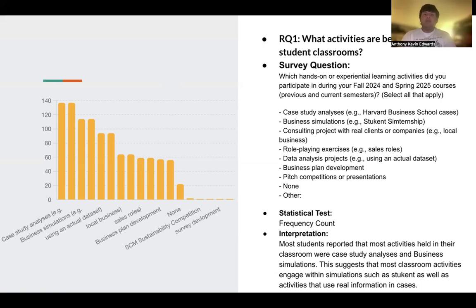For our interpretation, we saw that most students reported that the two most common activities in their classrooms are case study analyses as well as business simulations. This suggests that most classroom activities engage with simulations such as Stucant, as well as activities that use real information in cases.